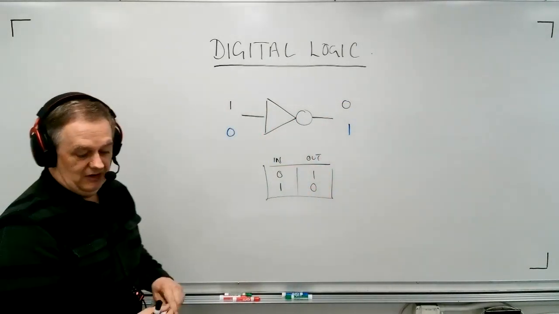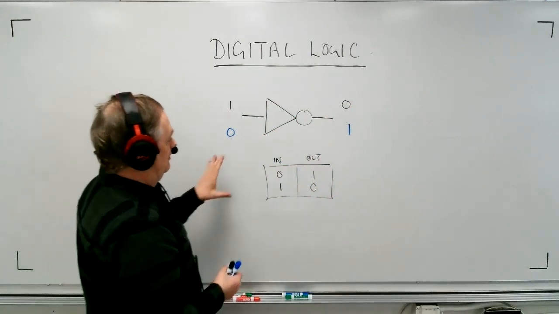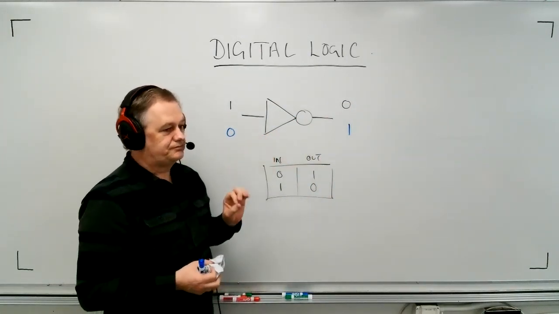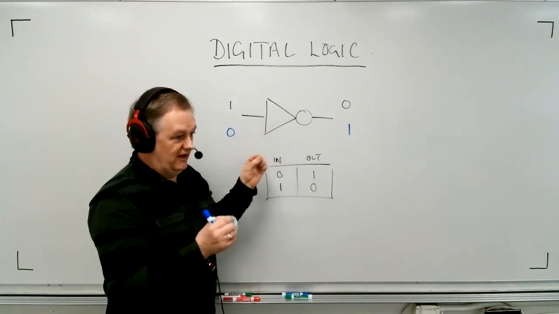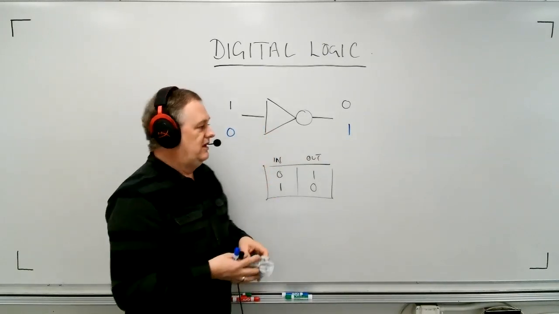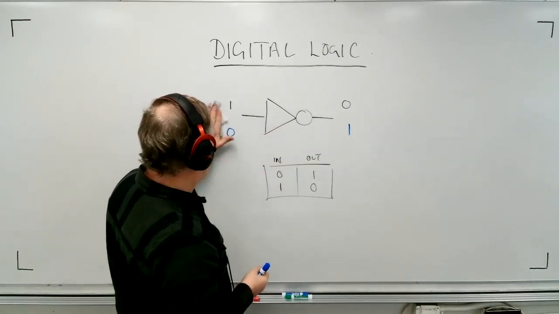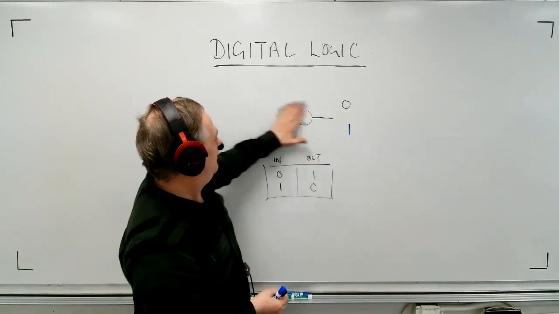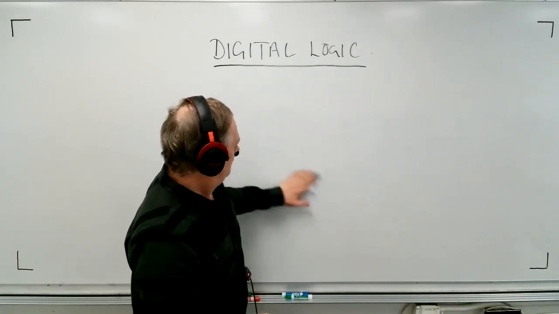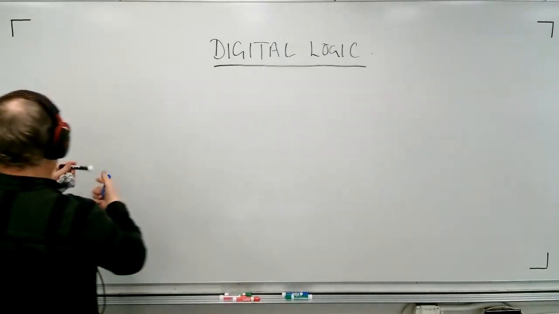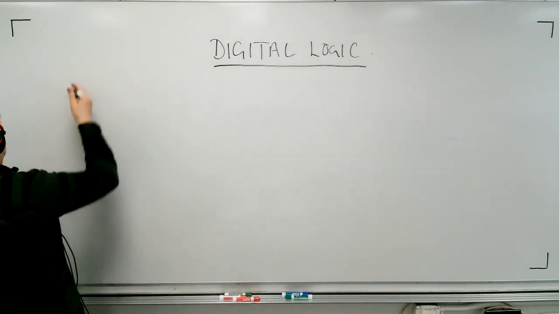Okay, very, very straightforward. Now, you can get this gate really just on its own as a NOT gate, or it is sometimes combined with another gate. And so in terms of the actual different components, I'm going to make a list of them here as we go.